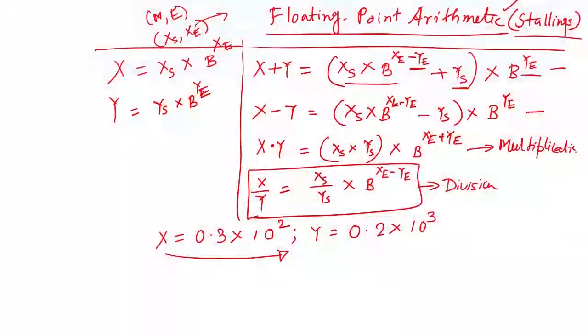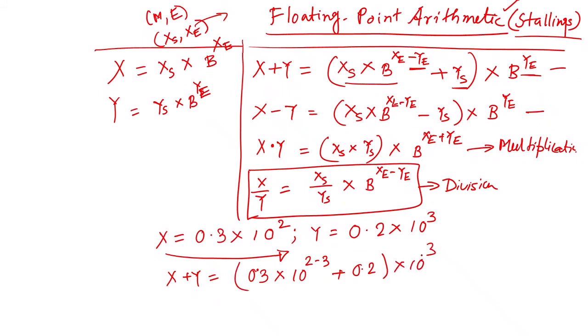Because if you shift on the right side, this number itself is smaller, so if you lose a digit at the rightmost position, your loss will be minimum among these two. Therefore, x plus y is 0.3 into 10 to the power 2 plus 0.2 into 10 to the power 3.